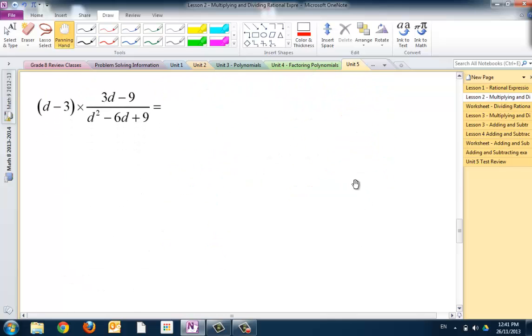All right, now this one's a little bit different. This first one looks like just a binomial, doesn't look like a rational expression. But remember, if I had something like this, that's the same thing as 2 over 1, which is 2 written as a fraction. So I could write this d minus 3 over 1 to keep that as a fraction.